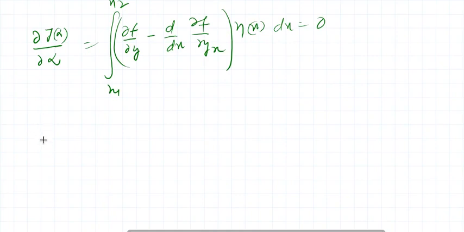And from here what I am concluding is that δJ/δα means the limit is not approaching 0. That's the meaning, and that's why I am writing it in the form of a delta.